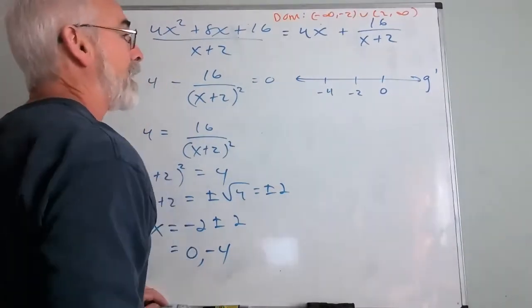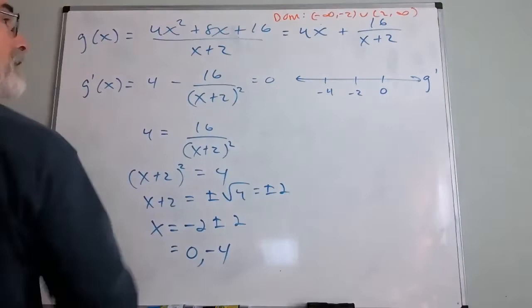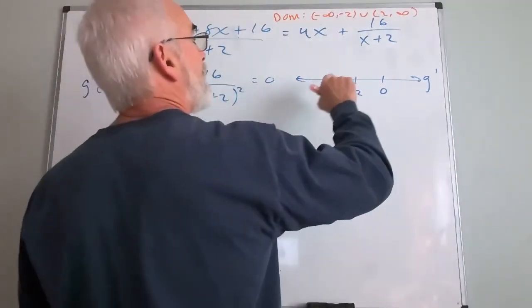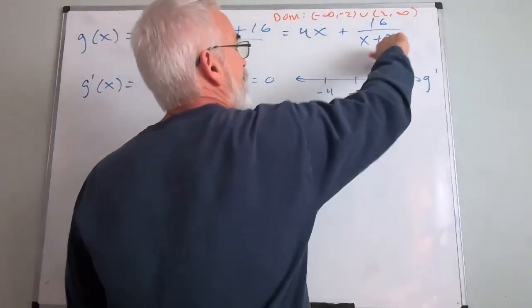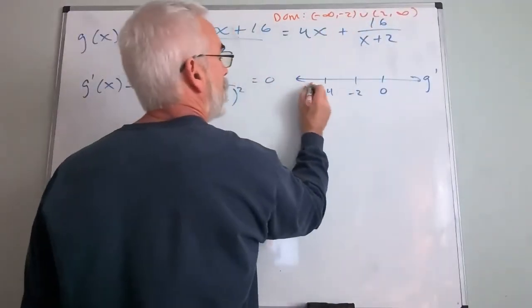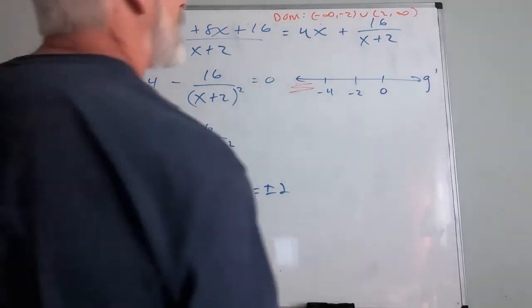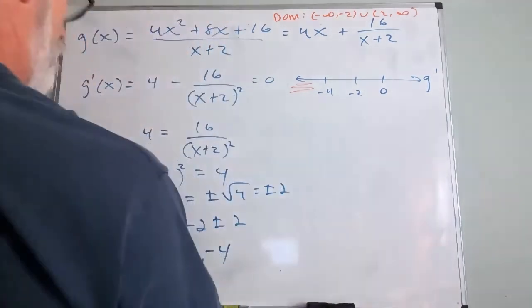So let's figure it out. Pick a number more negative than -4, like how about -bazillion? Well, -bazillion, that means this denominator is going to be microscopic and this is going to be hugely negative. So I am here. Did I just do that right? Hold on a second. Let me make sure I wrote that correctly.